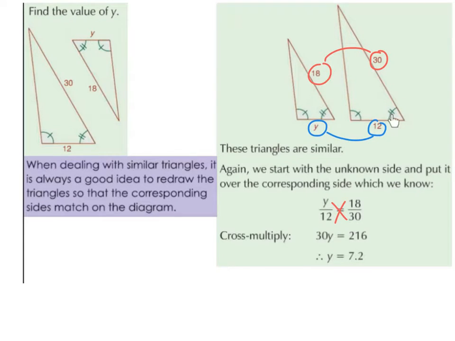And likewise with the larger triangle, doesn't matter which way we have it, so long as both of their values are either both the numerators or both the denominators. So in this particular question, we have the y and the 18 as the numerators, the 12 and the 30 as the denominators. So it's y over 12 and 18 over 30.